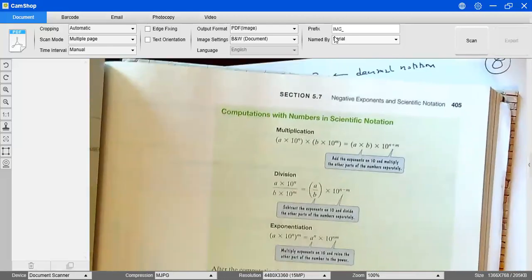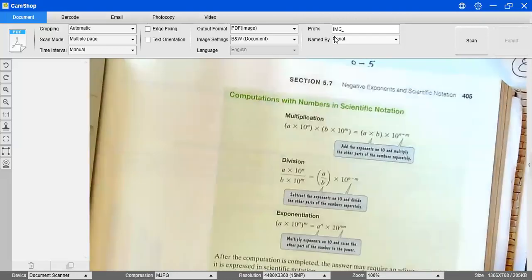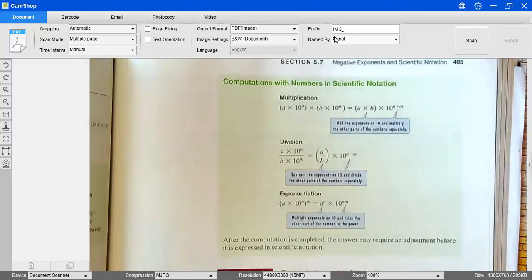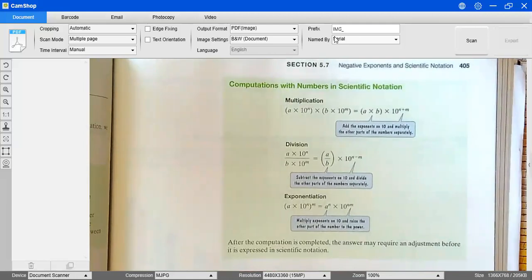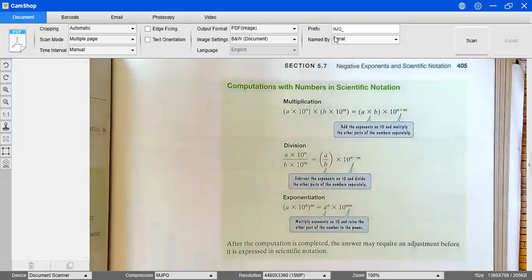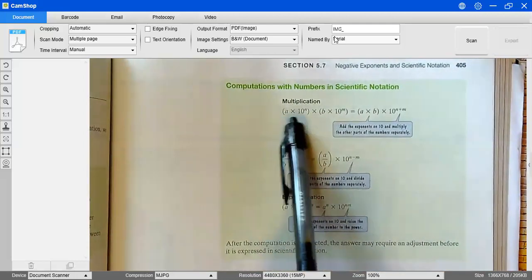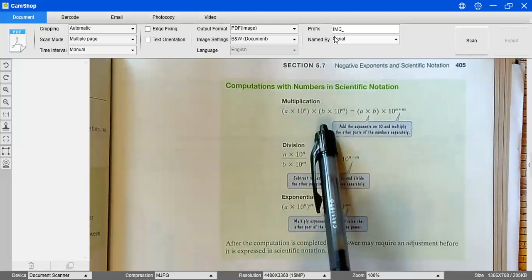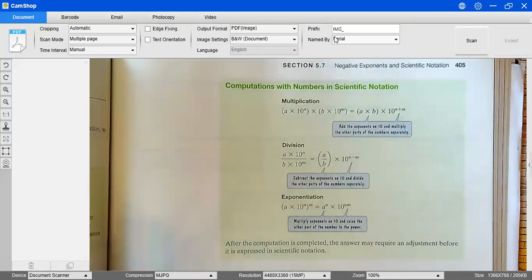So on page 405, you can see another green box showing the main computations that we're going to do with numbers in scientific notation. We have the operation of multiplication. We have a number in scientific notation, a times 10 to the n. Then we have another number, b times 10 to the m.